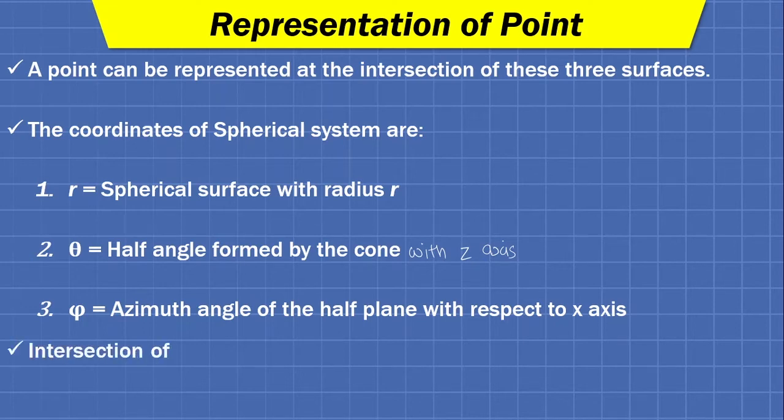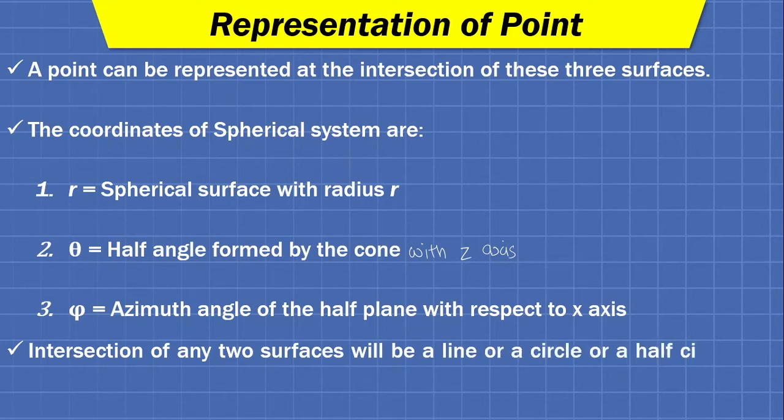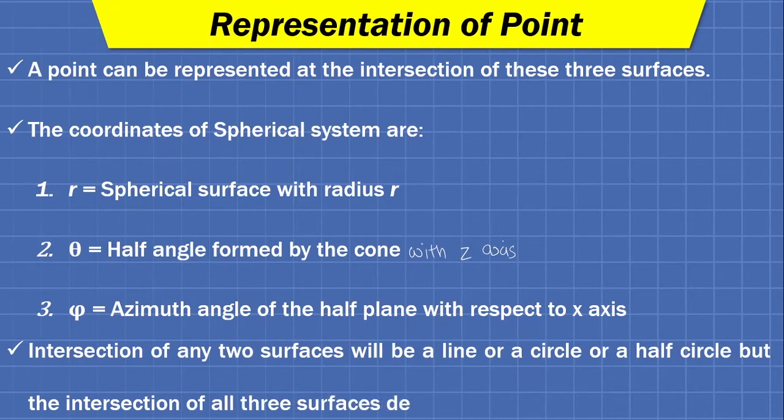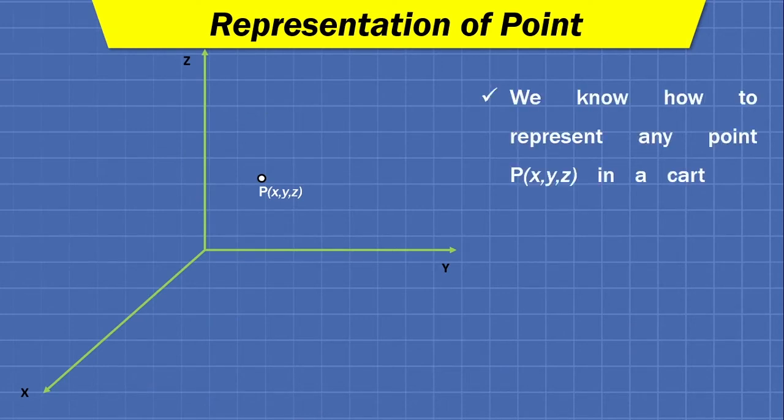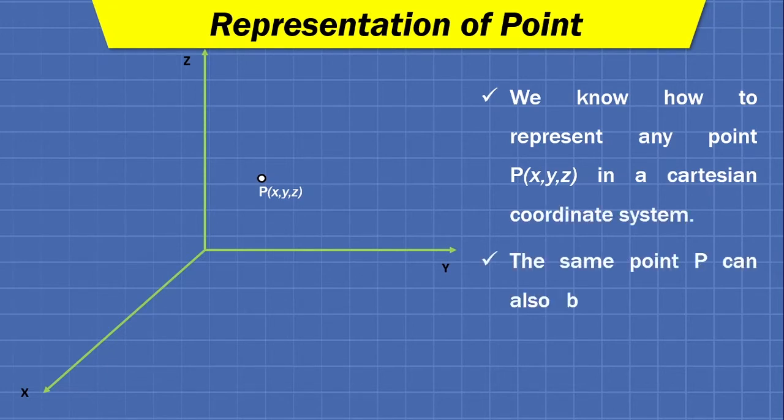The intersection of any two surfaces will be a line, a circle or a half circle, but the intersection of all three surfaces defines a point. So let us visualize how these surfaces are intersecting with each other. We know how to represent any point in the Cartesian coordinate system, where x, y, z is the coordinate of the point.